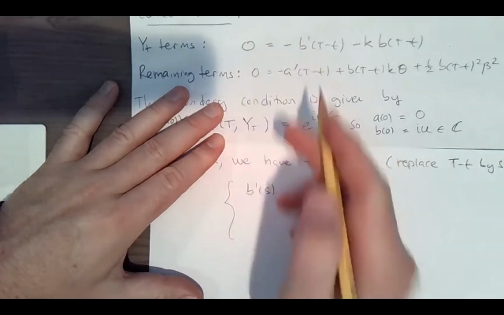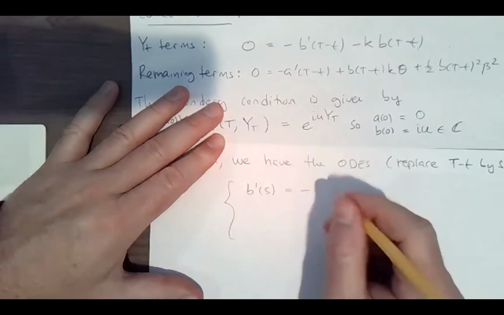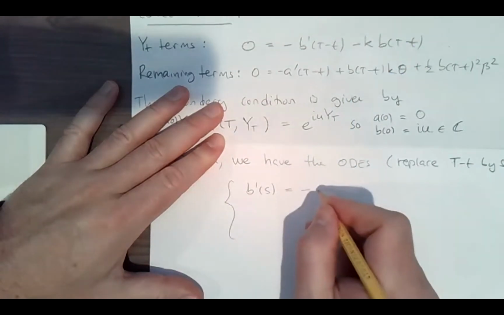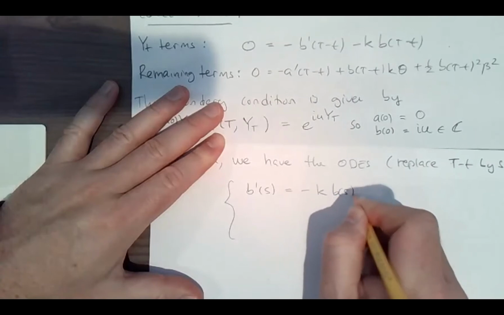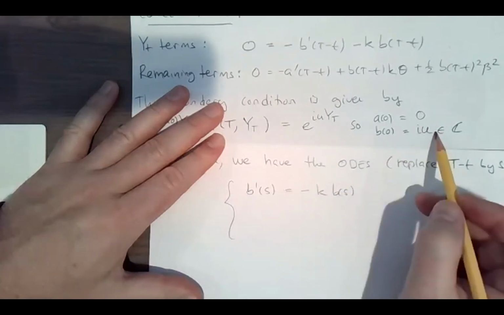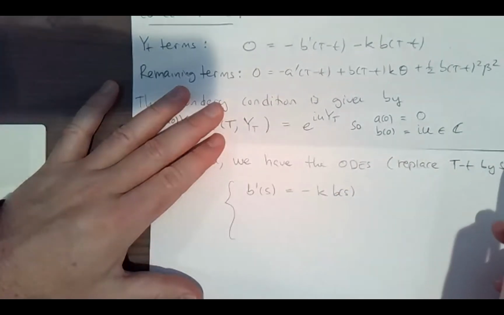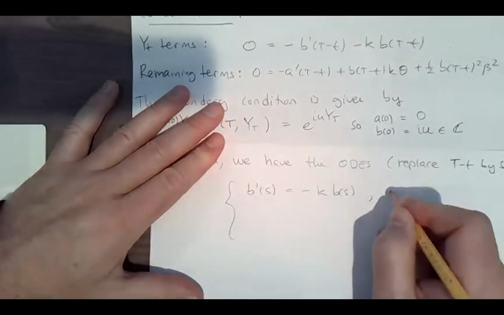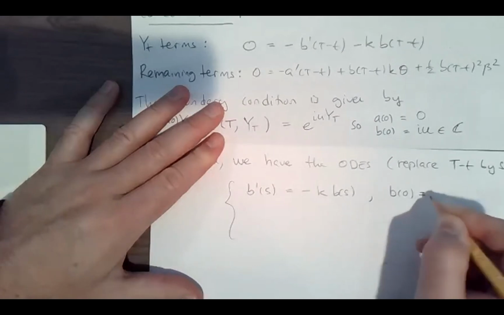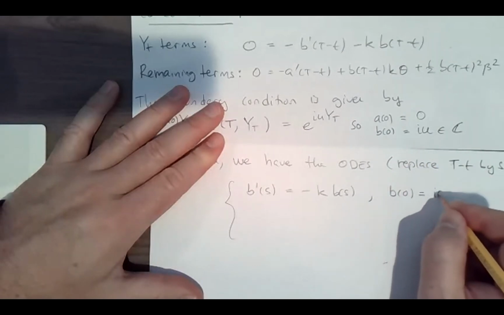So I'll move it to the other side. I'll get that this is minus kappa B of s, and I start out when s is equal to 0. When s is equal to 0, I have the value iu.